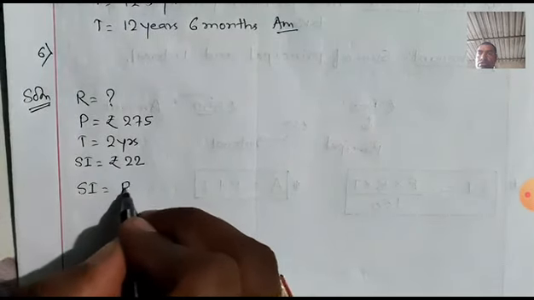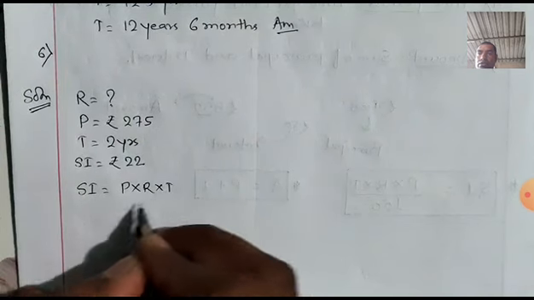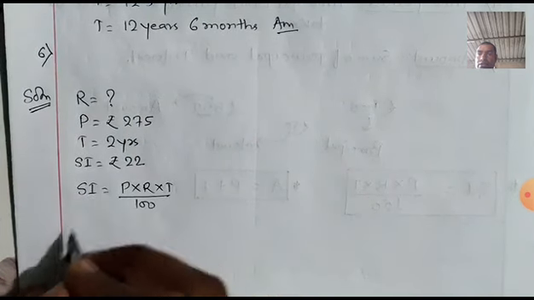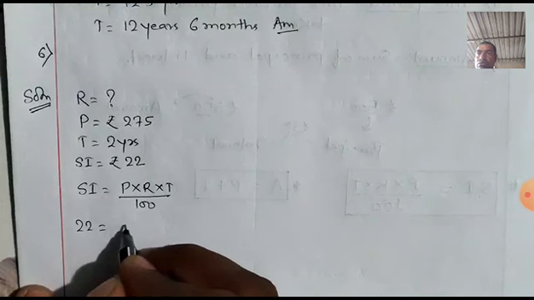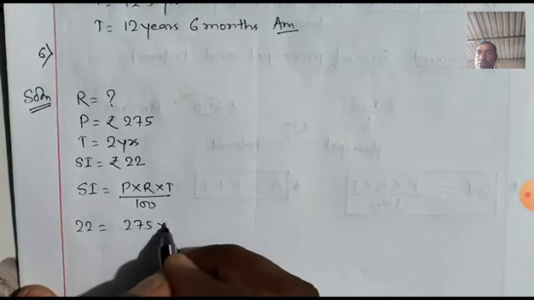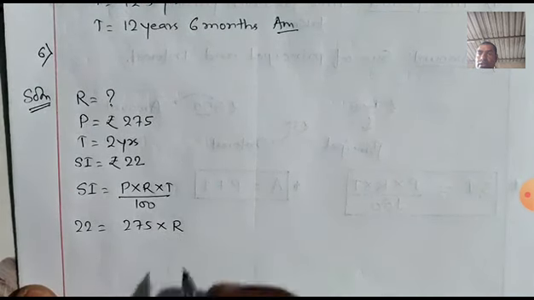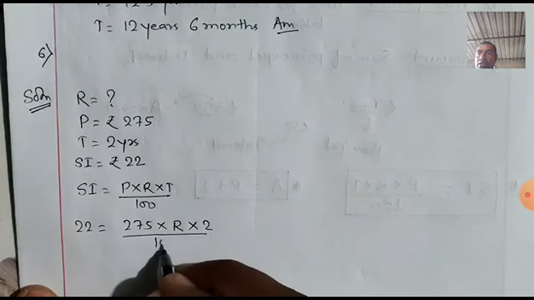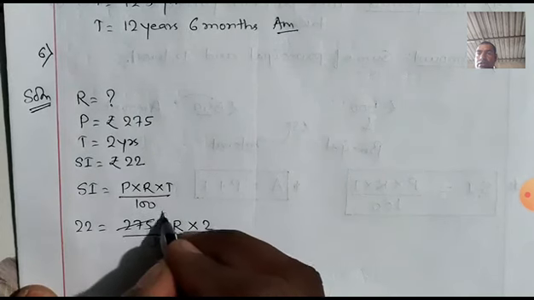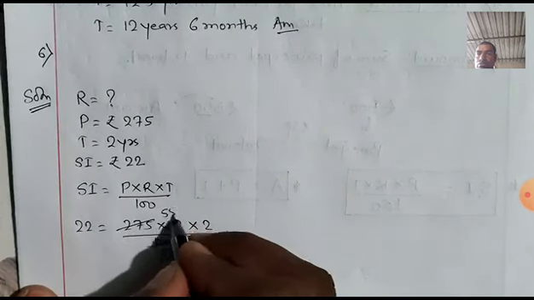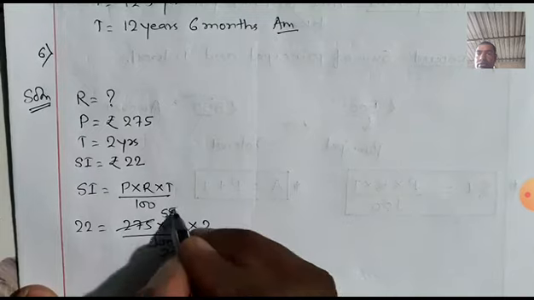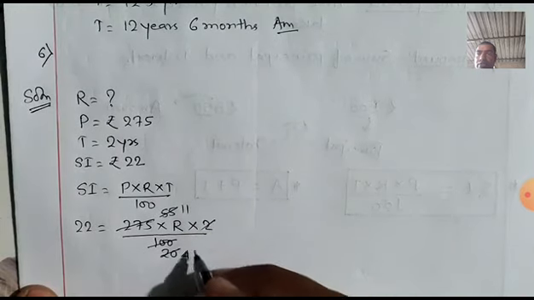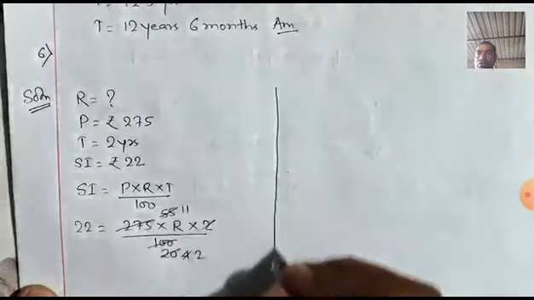So SI is equal to P into R into T divided by 100. Then put the values. SI is 22, P is 275, R is R, T is 2, divided by 100. So calculate this. 55, 20 divided by 11 upon 4, 2 1 the 2, 2 the 2.